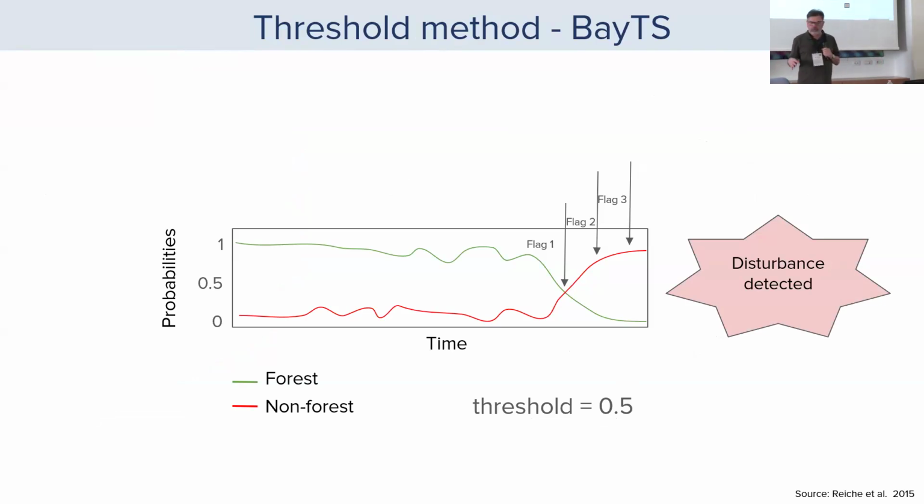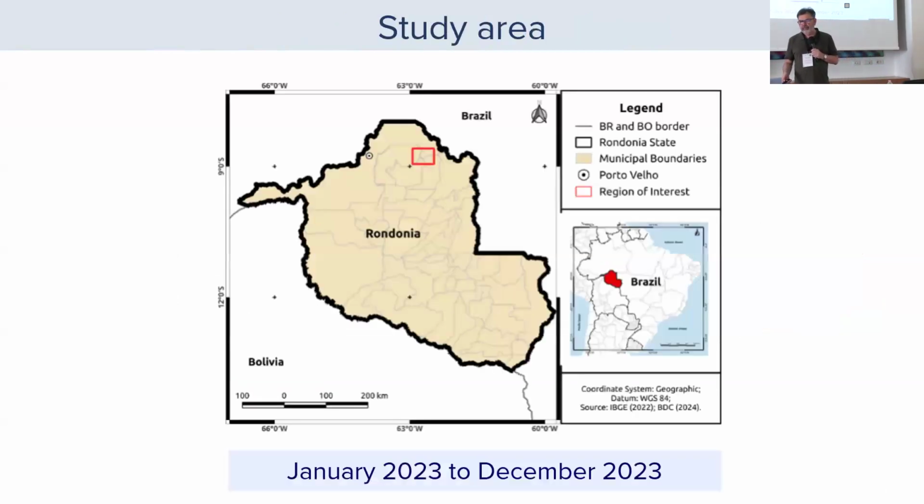When the two signals cross, you start verifying if this repeats again. So there's what we call the tree flags. If the signal of non-forest starts growing up again, then something's going on. And if it persists, you assign a measure of detected disturbance. So essentially, it's a time series break analysis method.